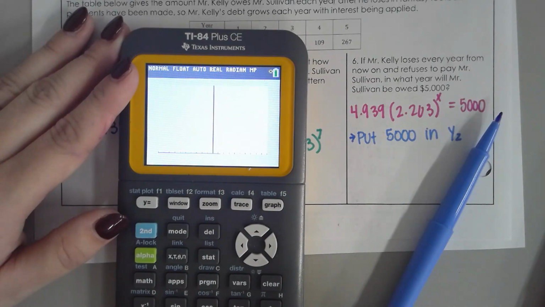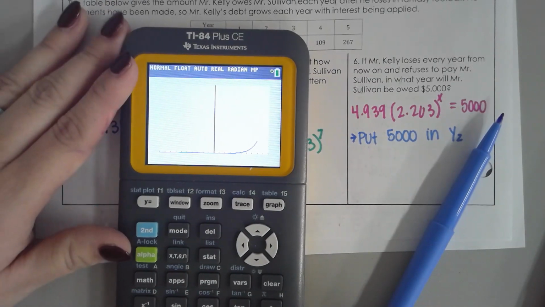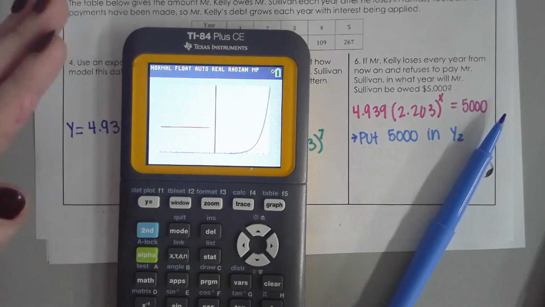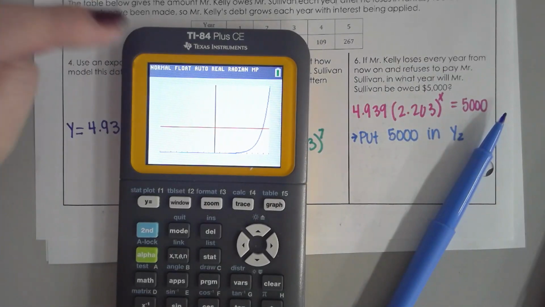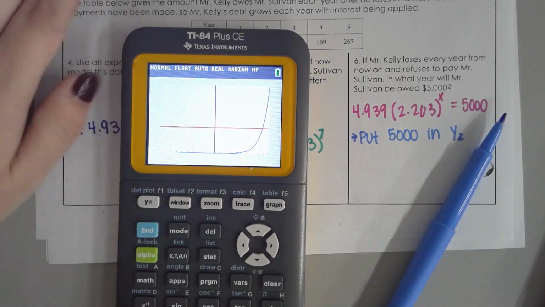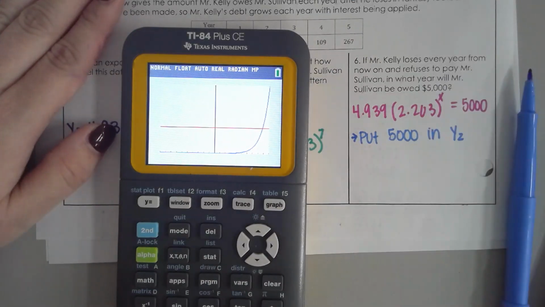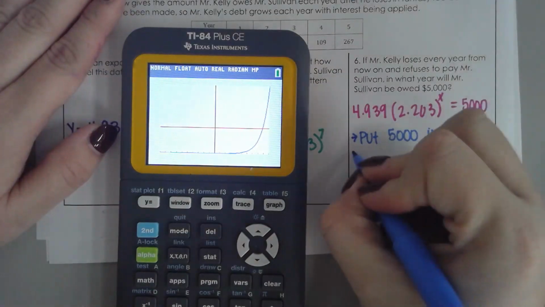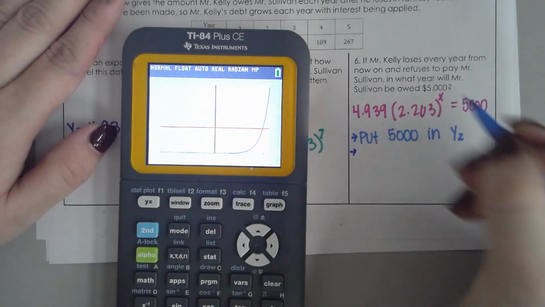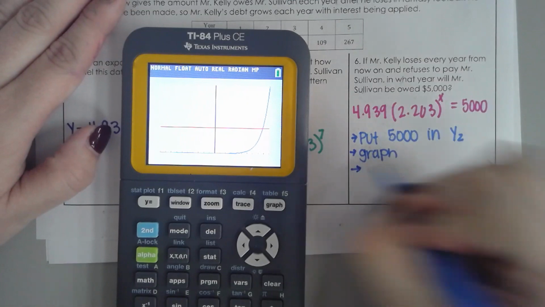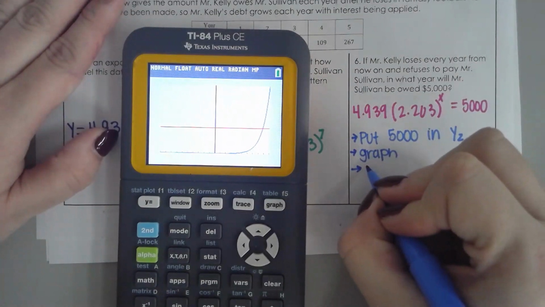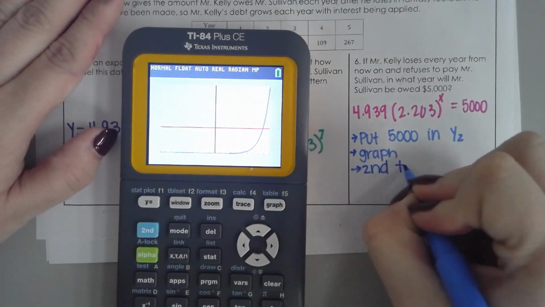Let's try this again. We're basically going to look for the point where those two cross. We're going to find the intersection of them, not using just the trace button, because that will not get us very accurate. So we're going to put it into Y2 and then we're going to graph. And then we're going to do second trace.